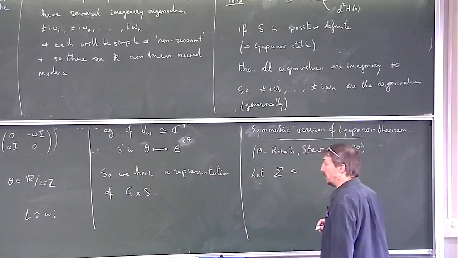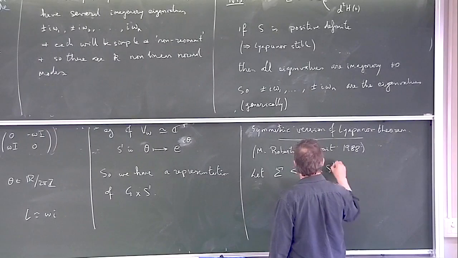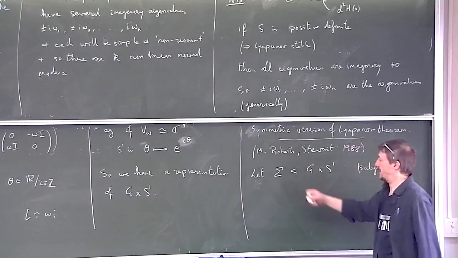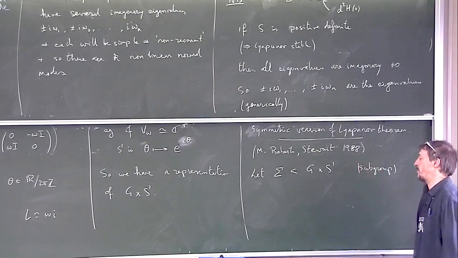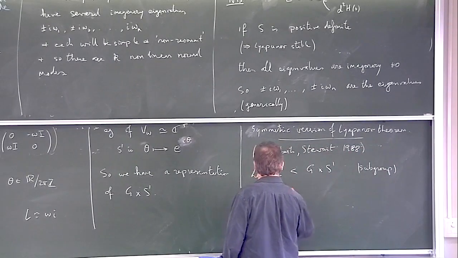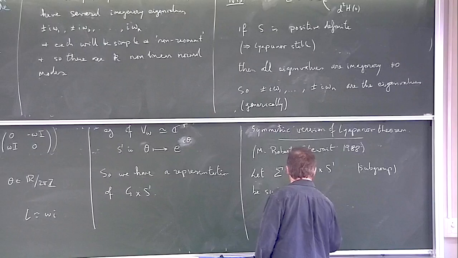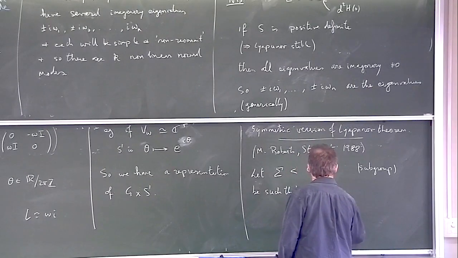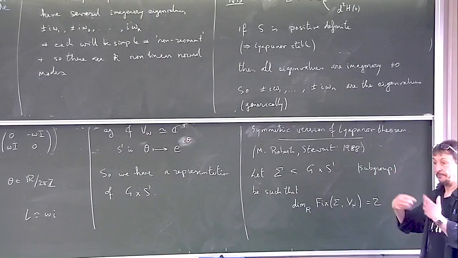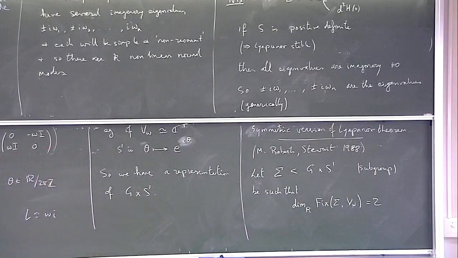I'll give an example in a minute, a couple of examples. So sigma is going to be a subgroup of this group. The less than sign just means a subgroup rather than an arbitrary subset. So sigma is acting, and we want to say, what's the subspace of points that are fixed by sigma?